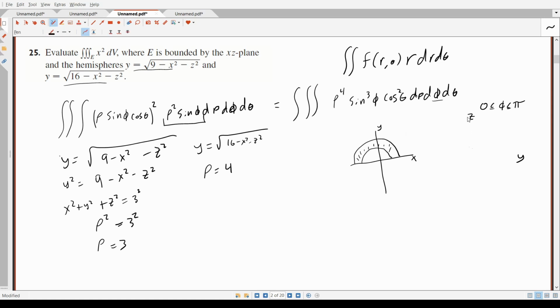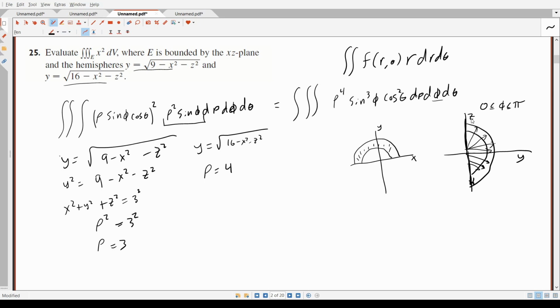Here, we had our two semicircles. So here we start off with phi equals 0 along the positive z-axis, and then we're sweeping out along here as phi gets bigger, until we get to the other end of our domain, which is down here.